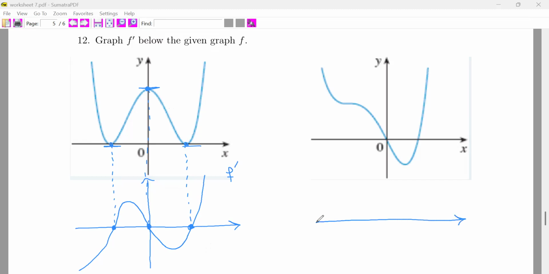Next one, we would start with horizontal tangent lines. We have one here, we have another one here. For these 2 points, we have 0 for f prime. And also here.